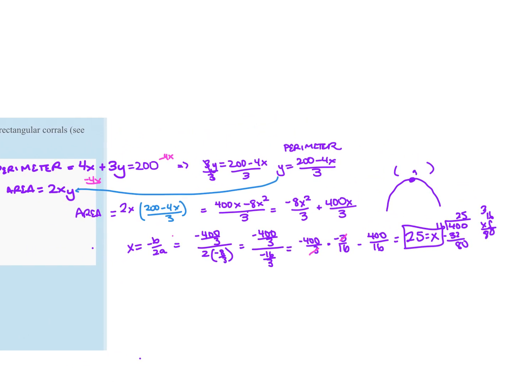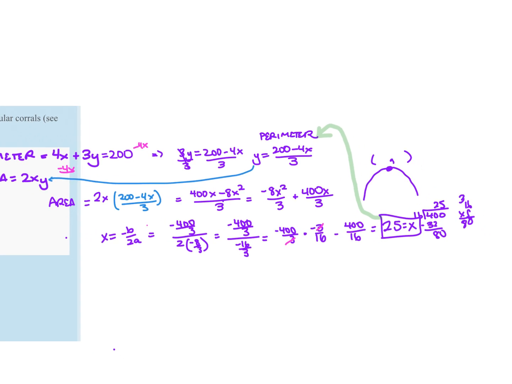I think a nicer one to plug this 25 into is our perimeter formula to solve for y. So I'm going to plug it in here. y equals 200 minus 4 times 25 over 3, which is 200 minus 100 over 3, or 100 over 3 is our y value.